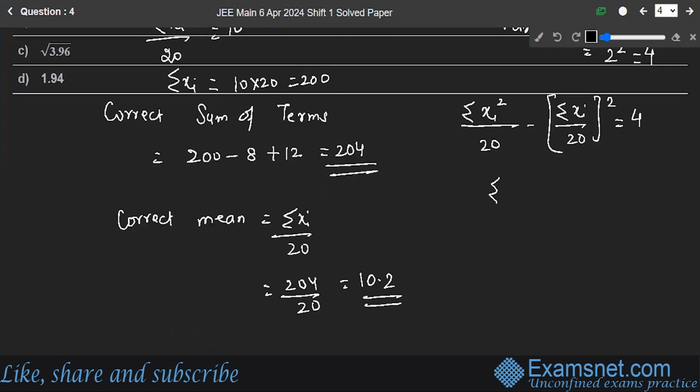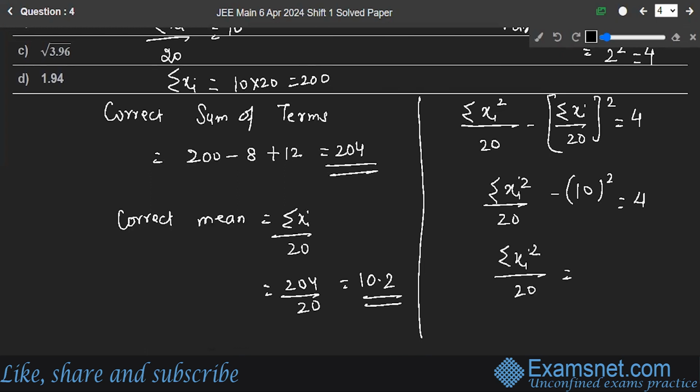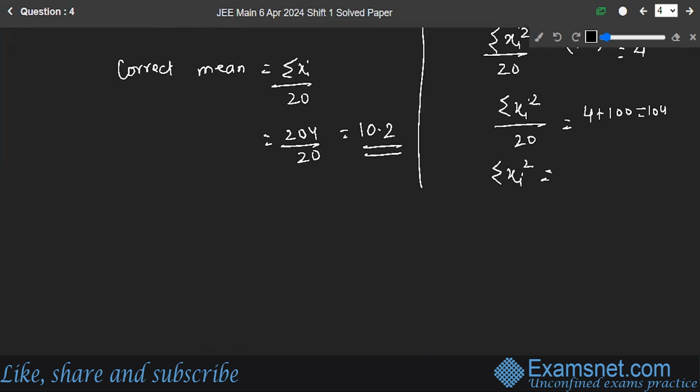For the initial data, this is 10 square, minus, equal to 4. This gives summation xi square upon 20 is equal to 4 plus 100, that is 104, or summation xi square is equal to 104 into 20, that gives me 2080.